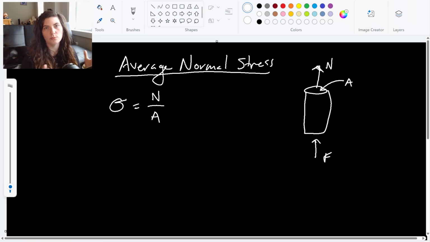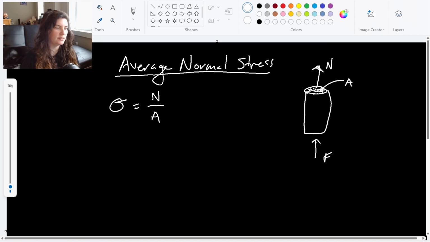And we say average normal stress just because this isn't a distributed load. It's not perfectly normal. We don't have the exact same force in every single spot on this surface here, but we can kind of average it out. We can say, okay, this force is working over this cross-sectional area, even though it might be slightly stronger in some places, slightly weaker in some places, we say it's going to average out to be this normal force over the area.